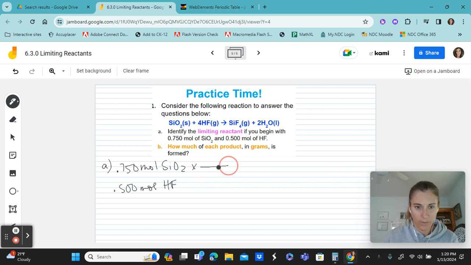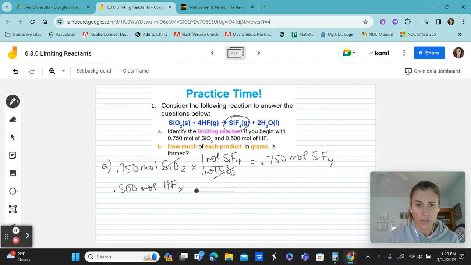So I will go ahead and set this up, but SiO2 is 1 mole. SiF4 is what I'm solving for right now. It doesn't tell you to, I'm just picking one. This will give you 0.750 moles of SiF4.